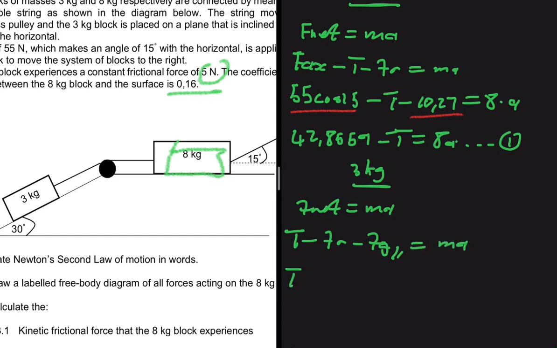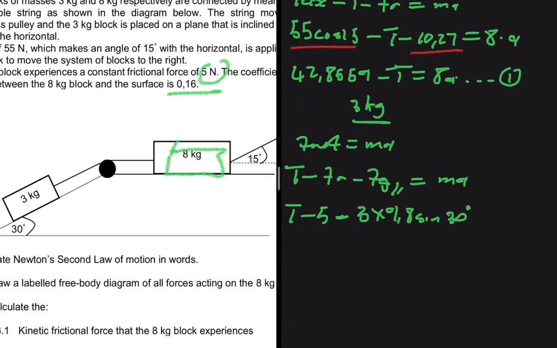So we're going to have tension minus 5 for the frictional force and then minus FG parallel, which will be 3 multiplied by 9.8 sine of 30 degrees, since the angle is given as 30 degrees, equal to 3a. So I just have to compute this part here. I'm going to have tension minus 19.7 being equal to 3a, and this is my equation 2.